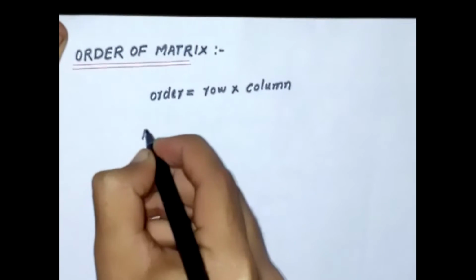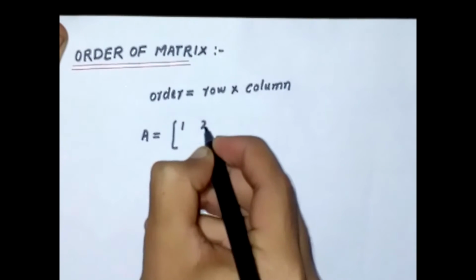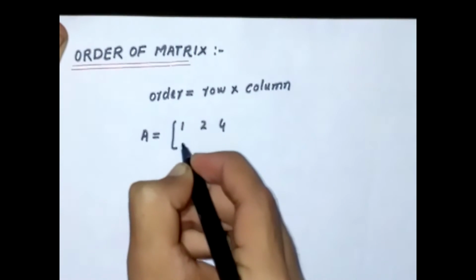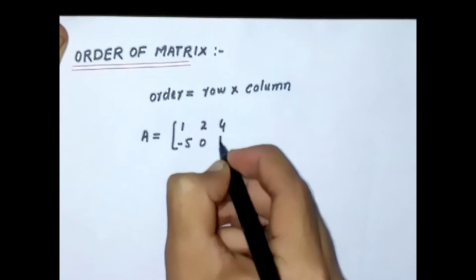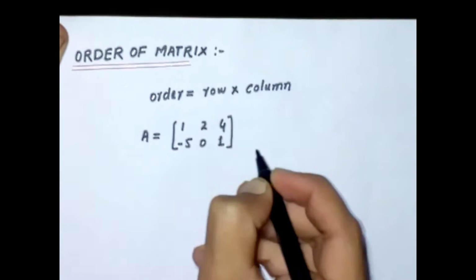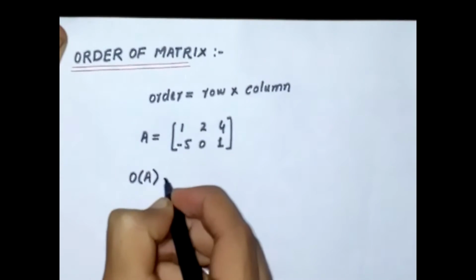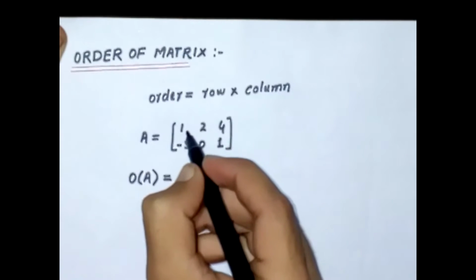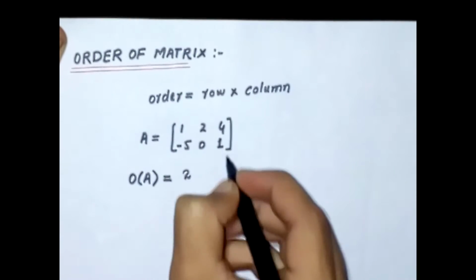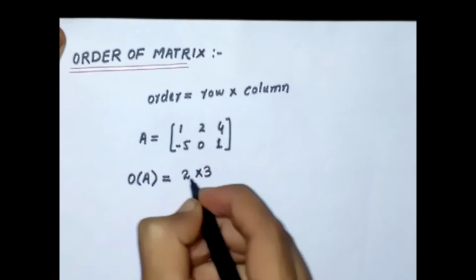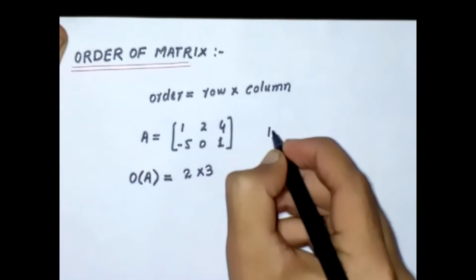Let's say we have a matrix A: 1 2 4, -5 0 1. The order of A: in this matrix we have 2 rows and 3 columns, so 2 cross 3 is the order of A. Let's take another example.